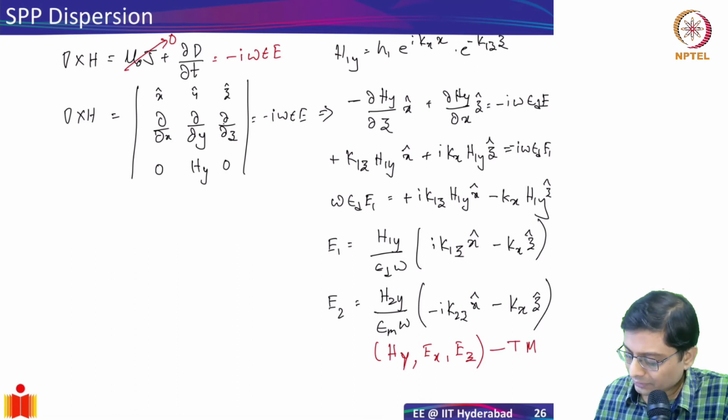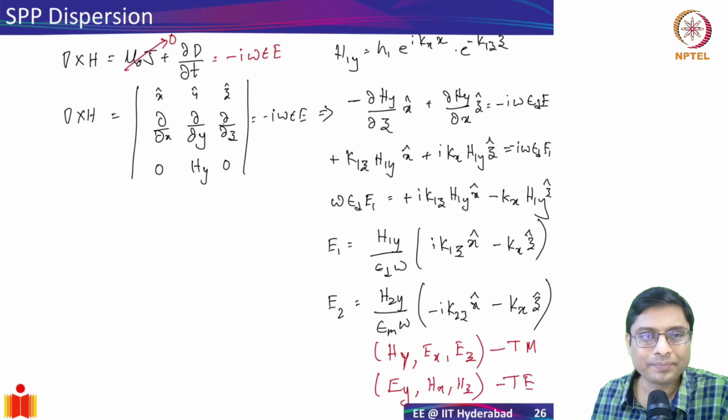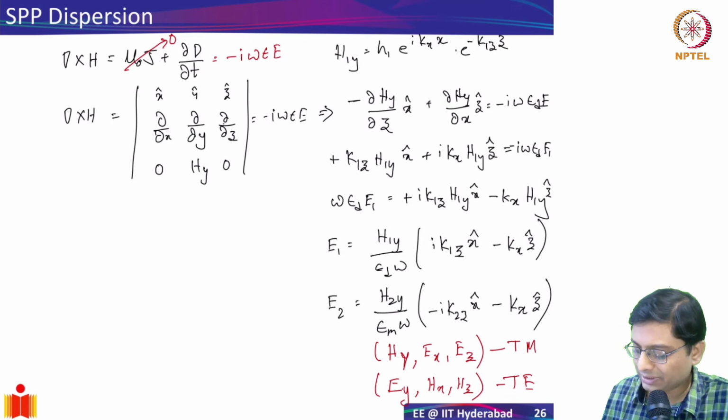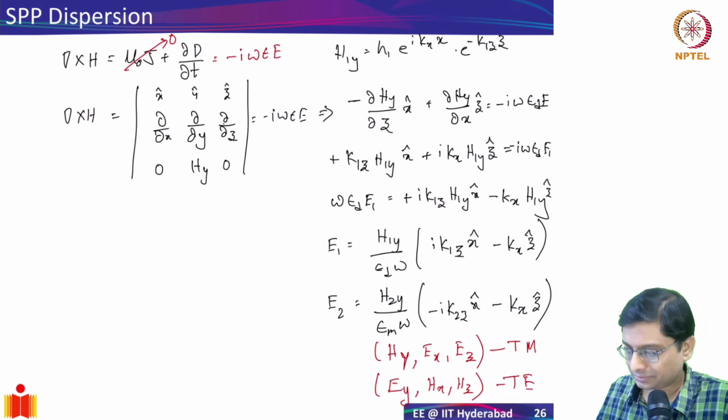For TE, you will have solutions of the form EY, HX, HZ. So this is going to be my TE solution. TM is only this HY, EX and EZ. This is a nice symmetry in Maxwell's equations that comes out.